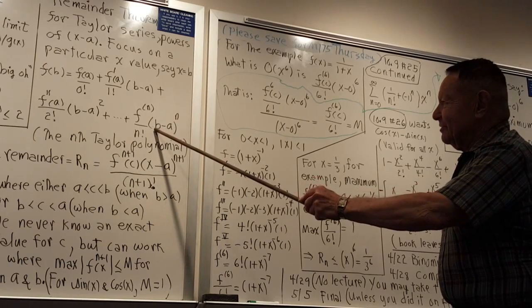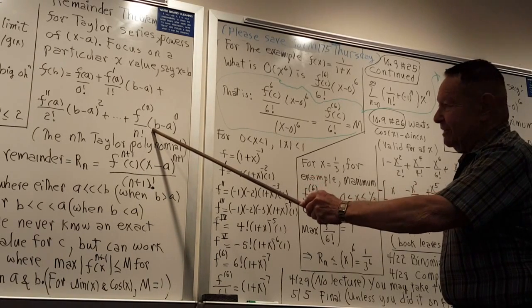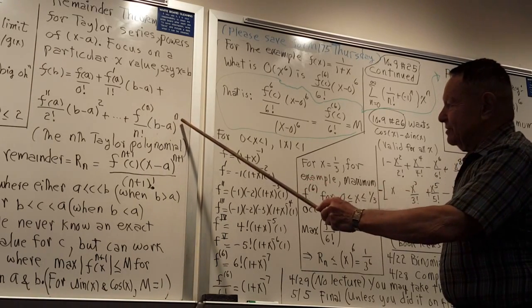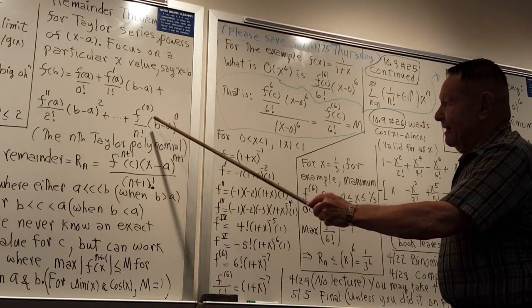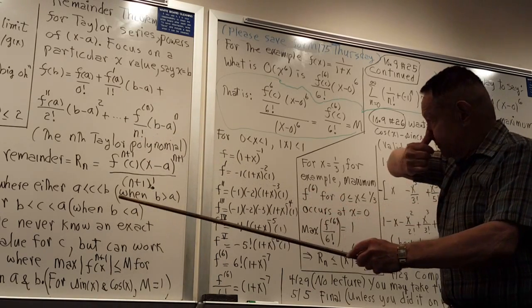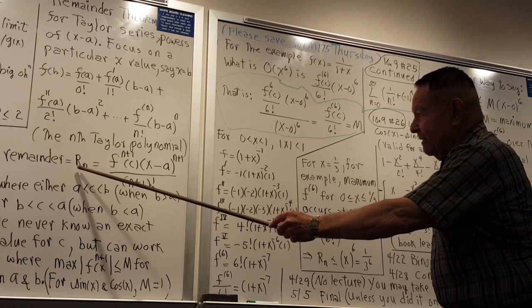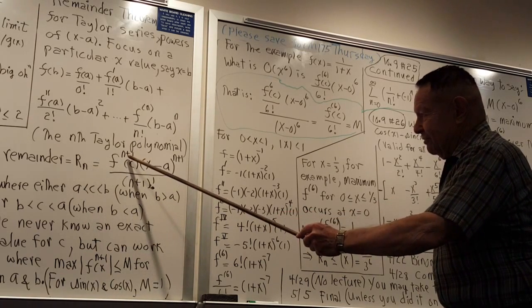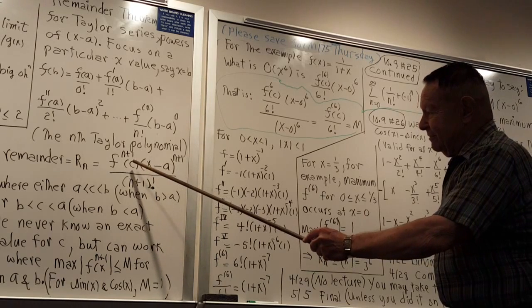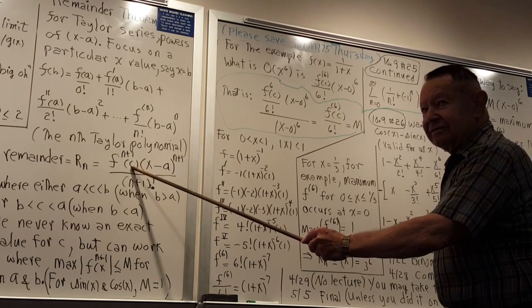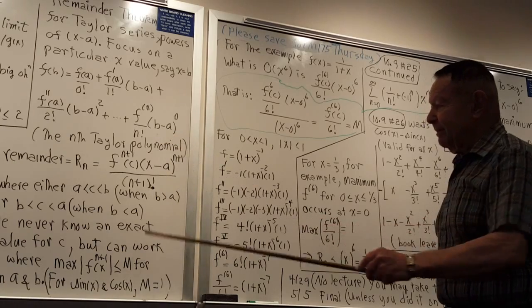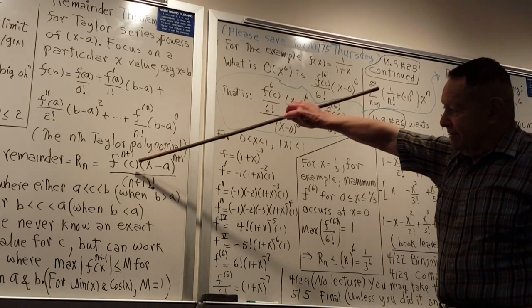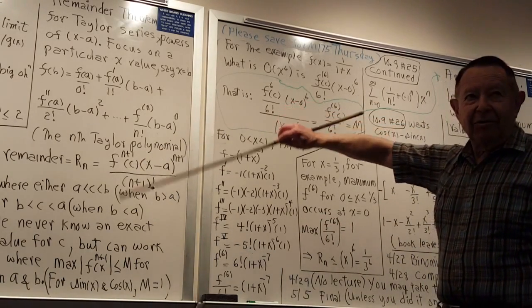the nth Taylor polynomial would be something like this, which will have a degree n, and then the remainder will have degree on the derivative n plus 1. You evaluate this next derivative at some point in between a and b, and unfortunately, you never know exactly where.